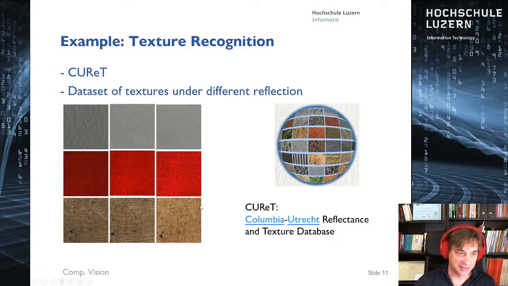There are some databases that list different textures in different illuminations. So if you do something like this, you would like to learn that these images here, which are of the same texture class but look different, are recognized by the system as belonging to the same texture.